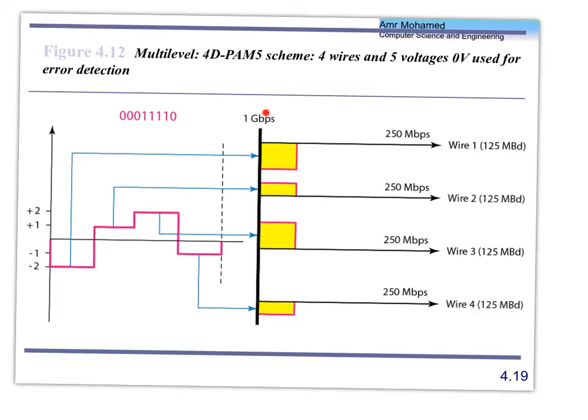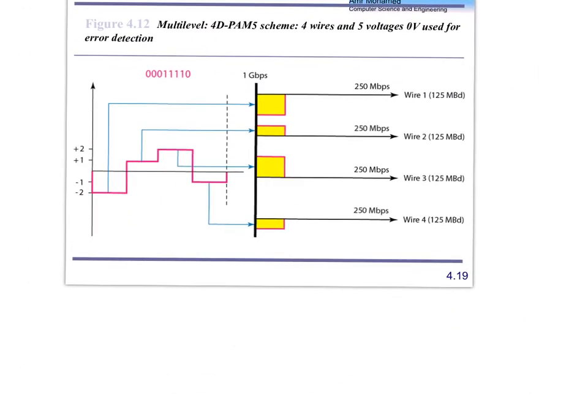So this scheme is used for gigabit Ethernet. We said that the signal rate equals c, which is half, multiplied by n.